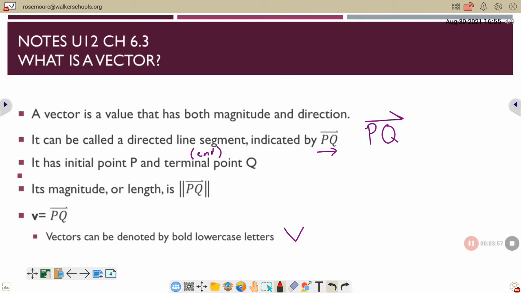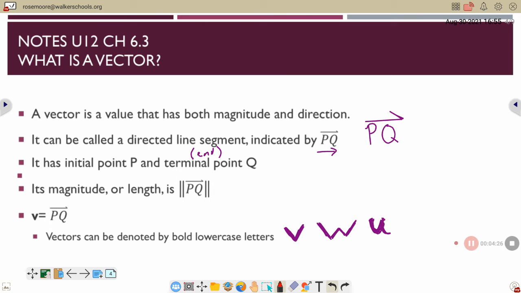So instead of just doing the casual V, you could do some emphasis by coloring in some extra V. Other common letters you will see indicating vectors, aside from the PQ format, are V, W, and bold U, which I can never make pretty, but some people have more skills than I, so bold U.